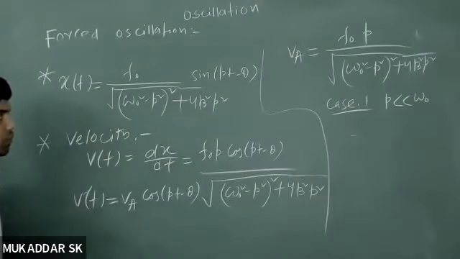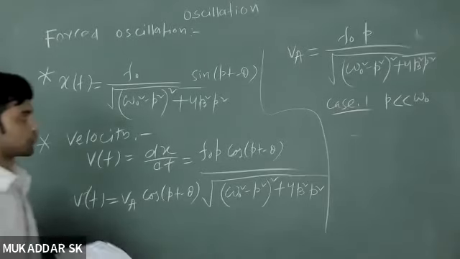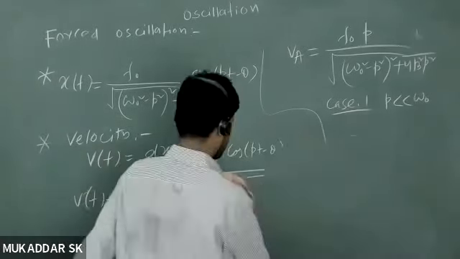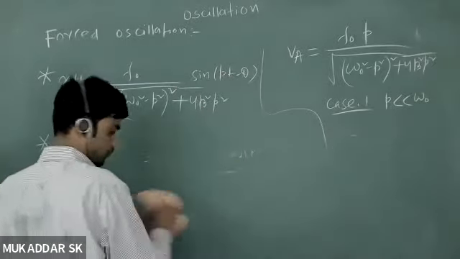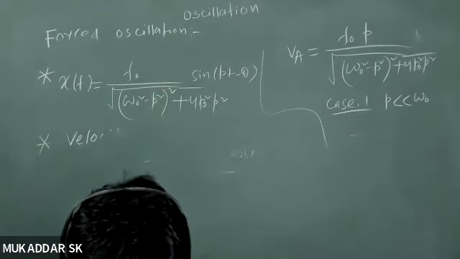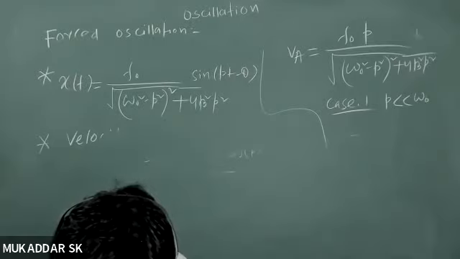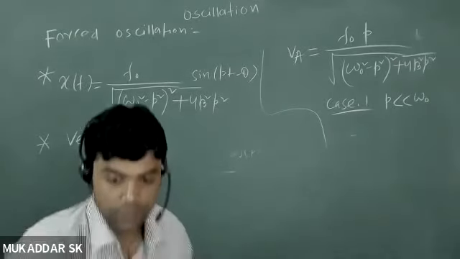When p is much smaller than omega naught, what will be the velocity amplitude? Can you please check? Everyone, please check it.